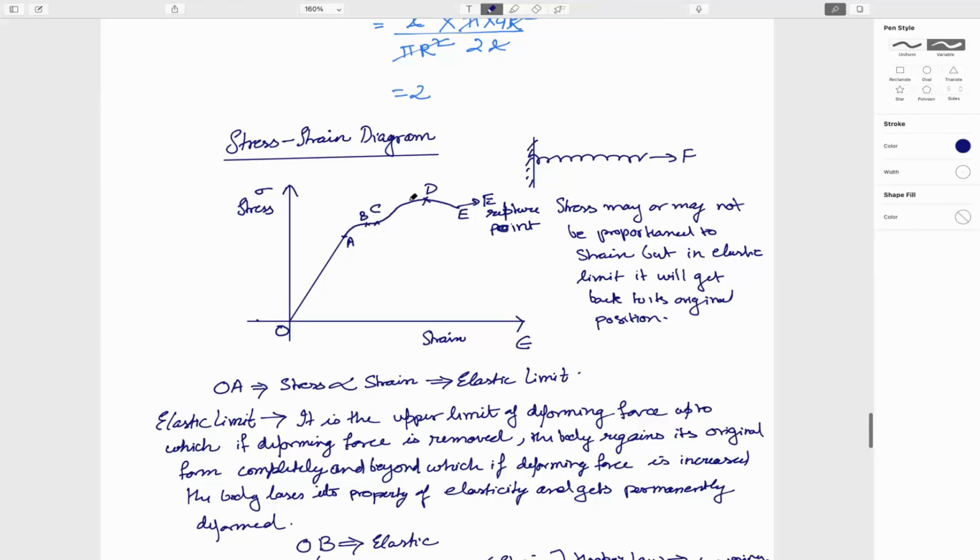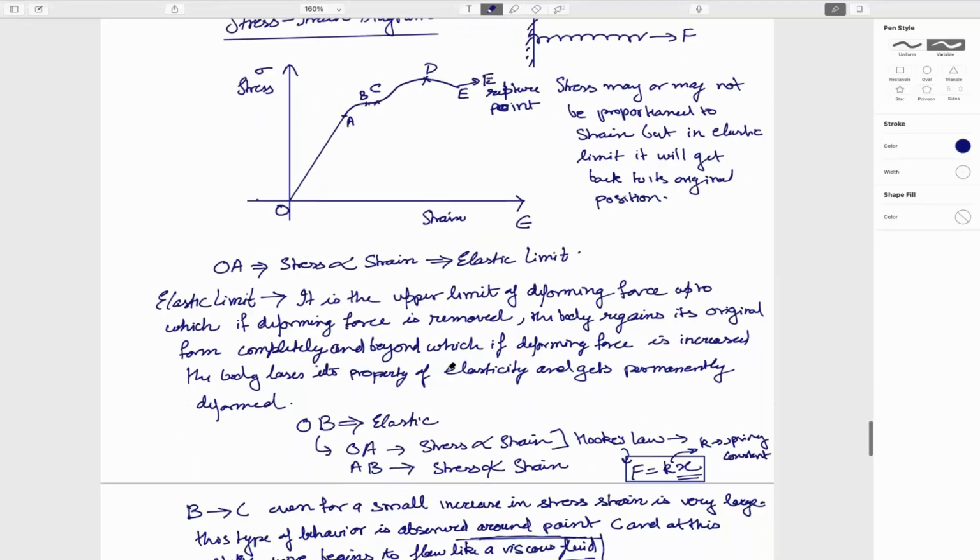But B to D shows complete plastic behavior, and it loses the elastic limit once it goes beyond point B. From D to E, any further stress above D will lead to a rupture. So that is the stress strain diagram.